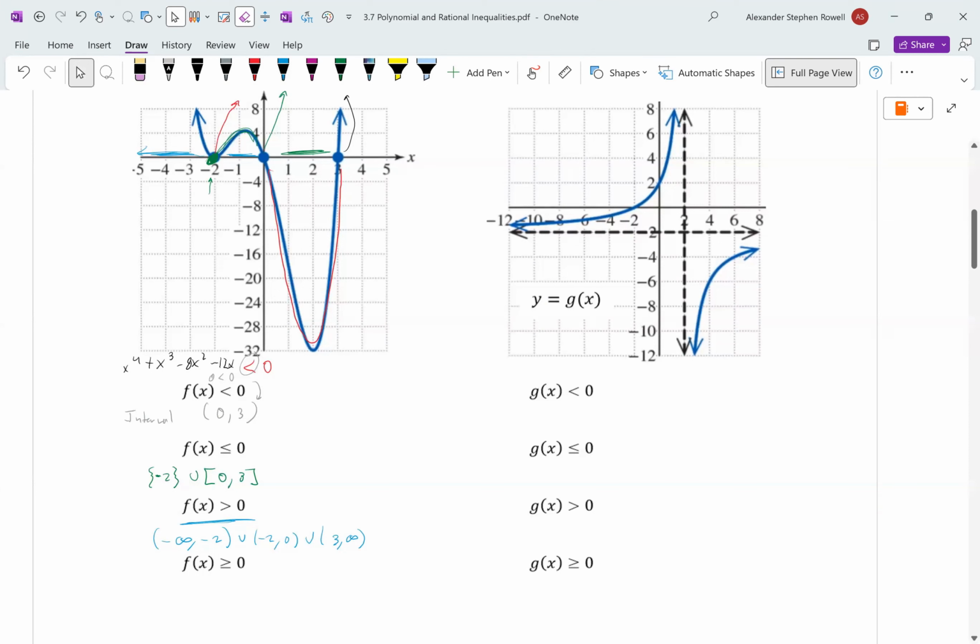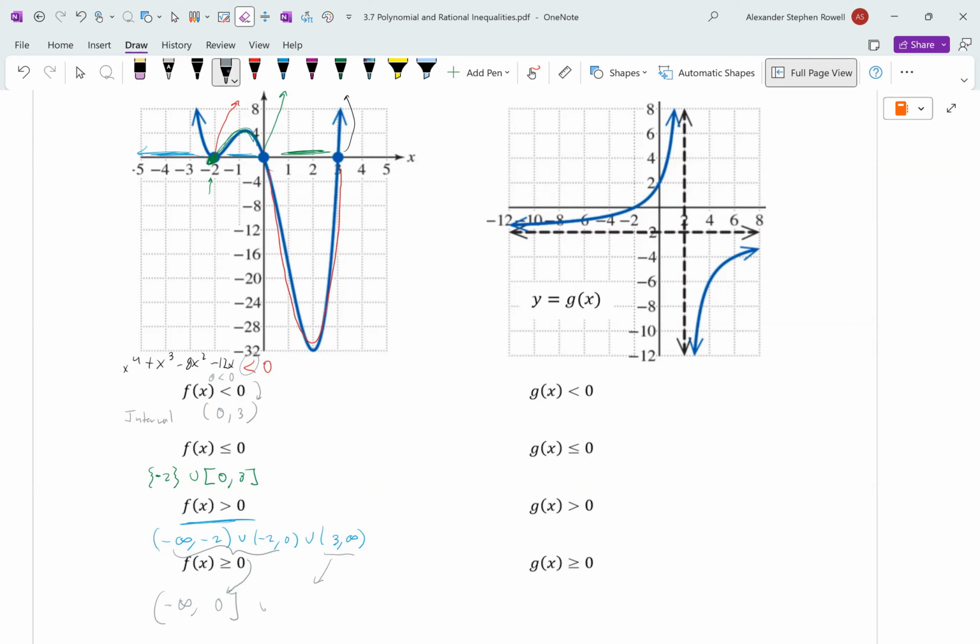Okay, when is f of x greater than or equal to 0? Now I need to include the endpoints, right? So -infinity to where? But now I'm including the -2. So it's -infinity to -2, but include it, and -2 included to 0. So it's negative infinity to 0. If I plug the hole with the -2, I include that whole interval from negative infinity to 0 this time.